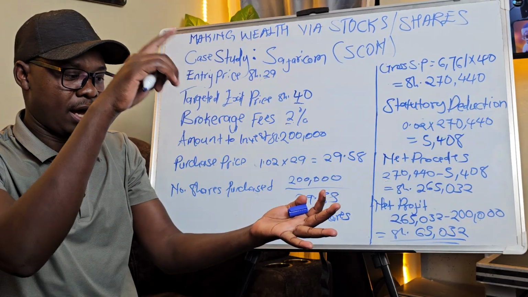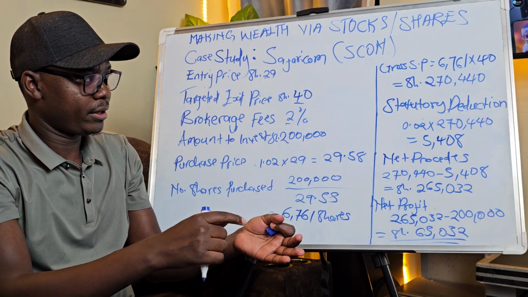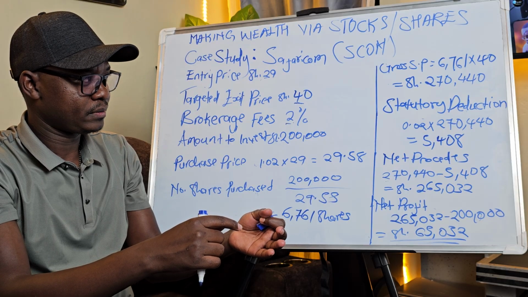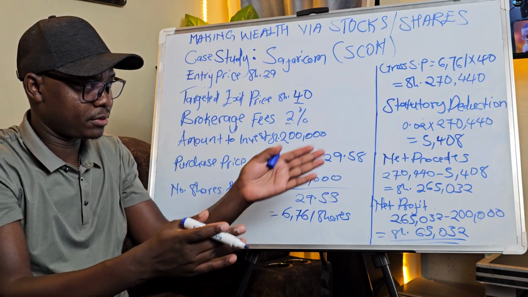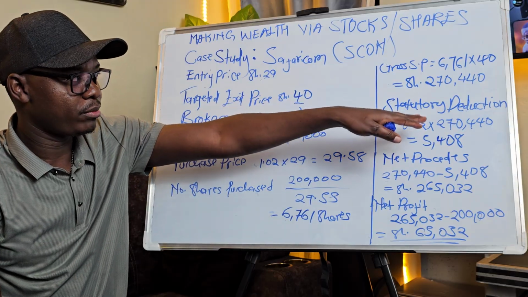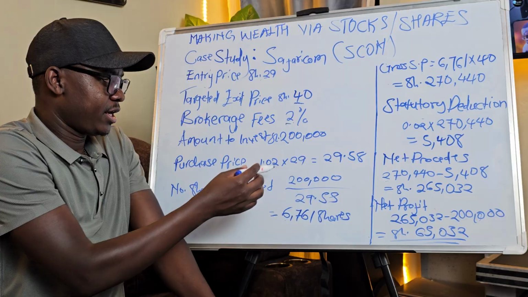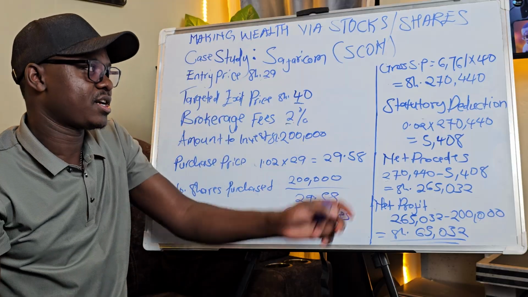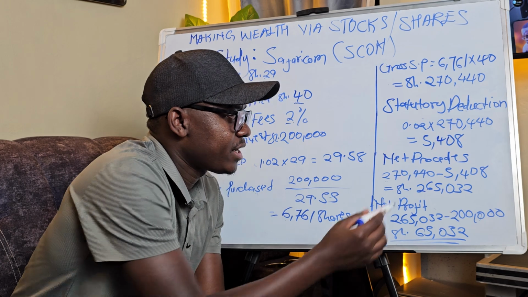But you will not actually get all this, because there is a statutory deduction, which includes brokerage fee, taxes, and any form of deduction tied to this. From my experience, it will be just 2% of the transaction volume. So 0.02 times gross proceed, we are getting about 5,000.